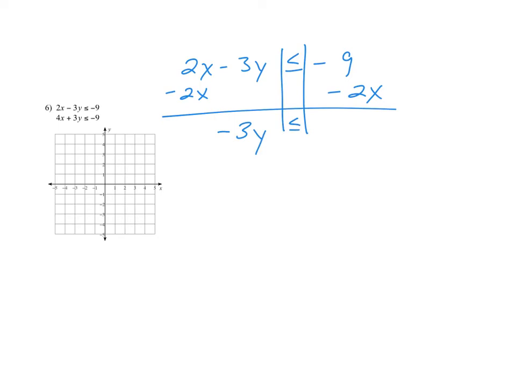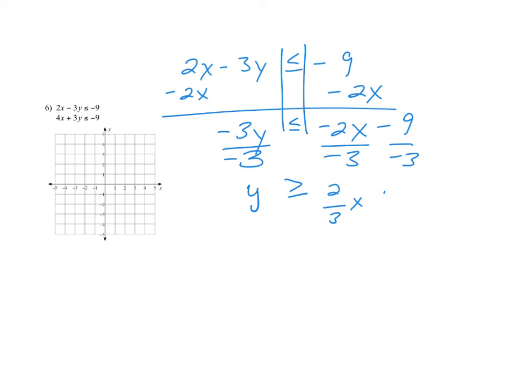Now you can put the negative 2x in front or behind, it's up to you. I'll do this way first. Dividing by negative 3. Therefore my inequality sign flips. Negative and a negative is a positive. Positive 3. There's my first line I'm graphing.